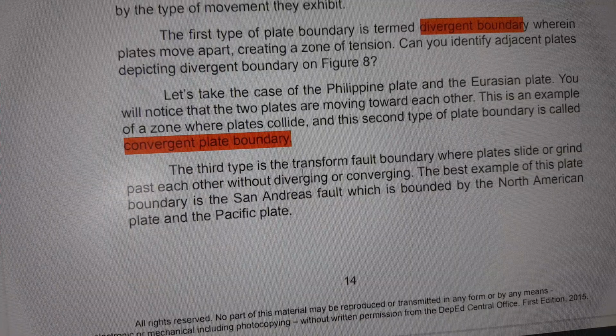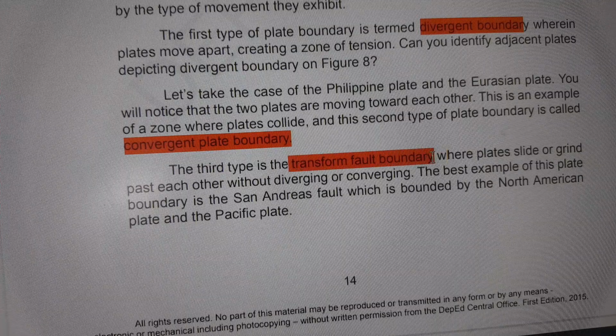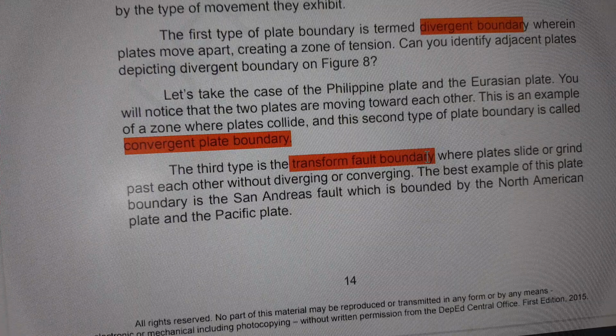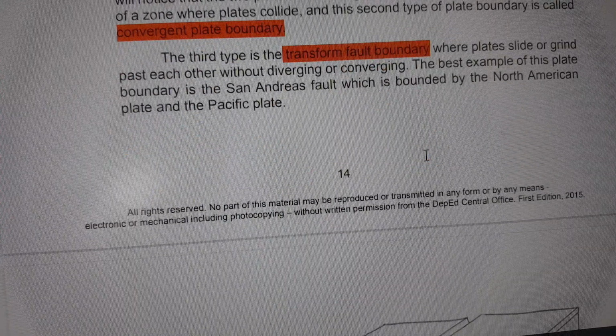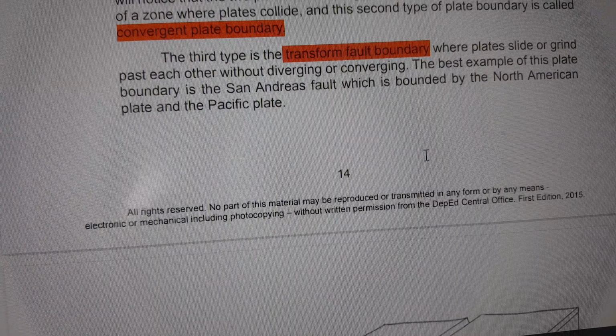The third type of boundary is the transform fault boundary, where plates slide or grind past without diverging or converging.